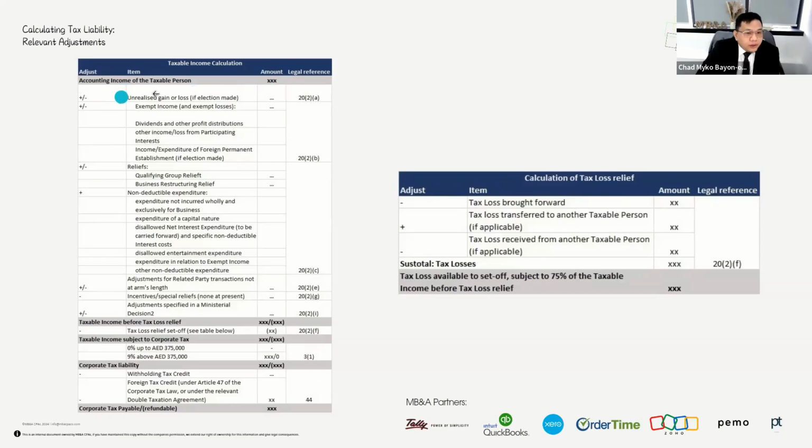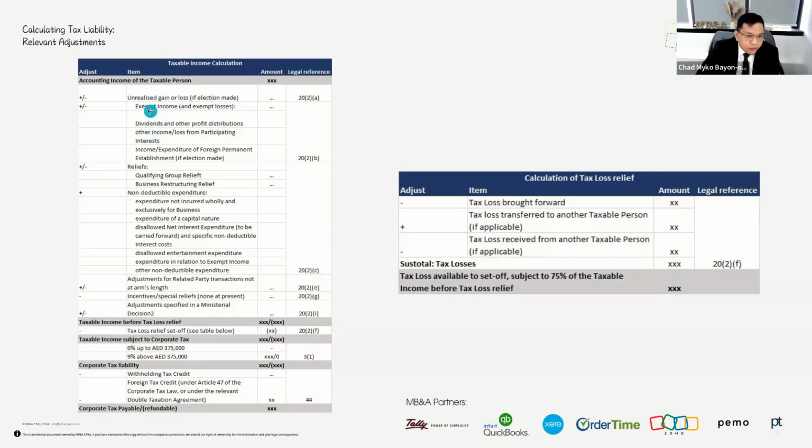And then if ever you elect for realization basis, that should be adjusted. So you will be needing to adjust here the realized gain and losses. But if ever you did not elect for the realization basis, this will be disregarded.